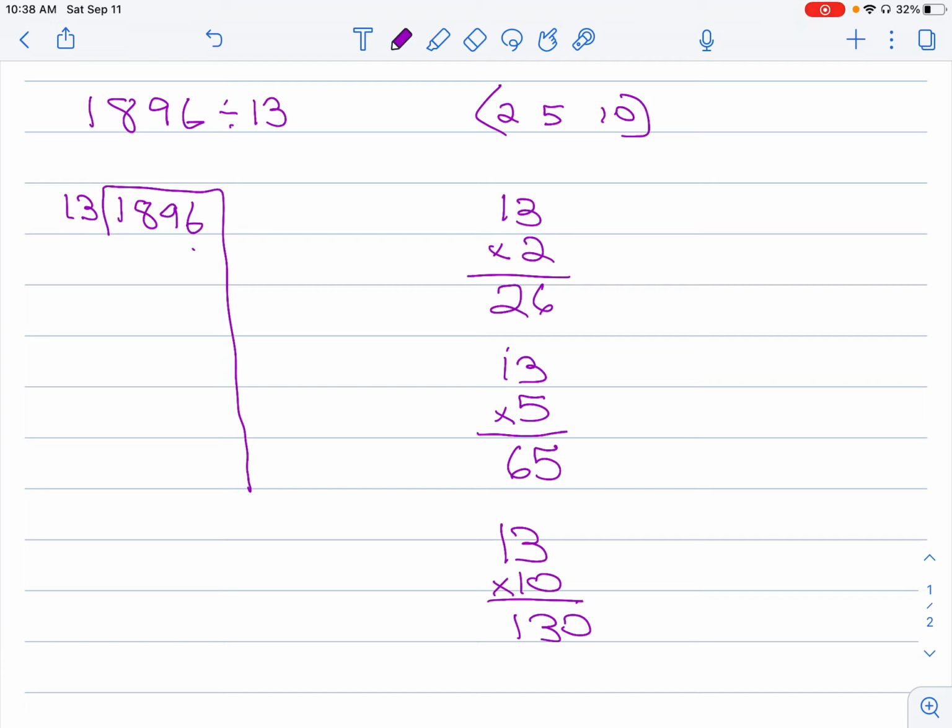Okay? Up here by the 13 times 2, I'm just going to change it to times 20. And what is 13 times 20? Well, it's going to be the same as 13 times 2, which is 26, but add a 0. I didn't write the 13 here because all of these are multiples of 13.